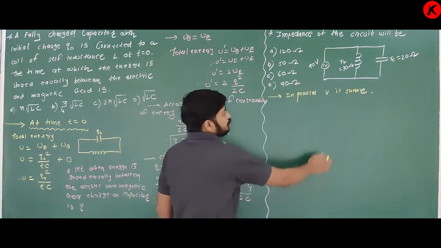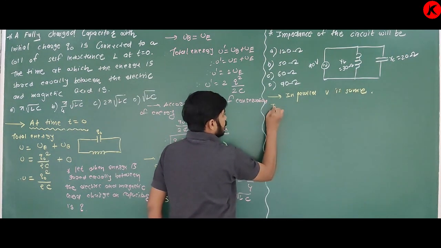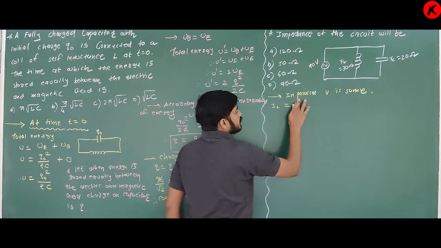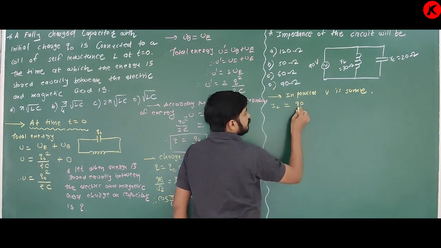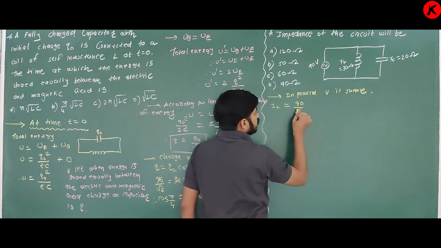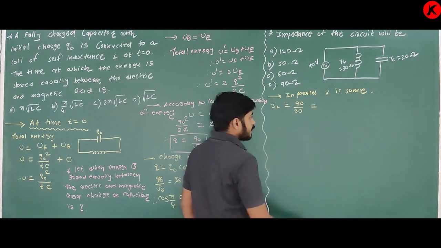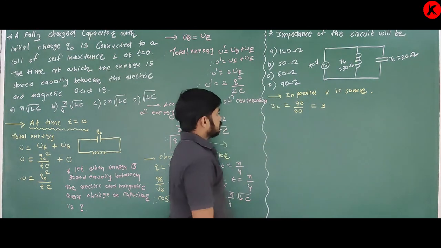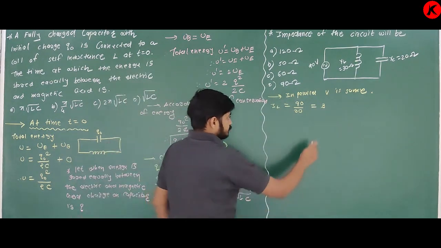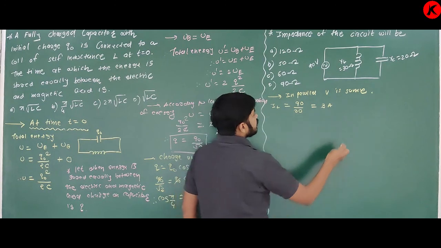So what is the current flowing through the inductor? IL: the potential difference is 90, and the inductive reactance is 30, so it is 3 ampere.